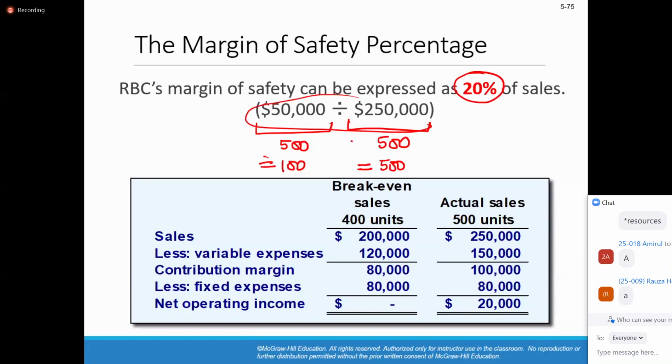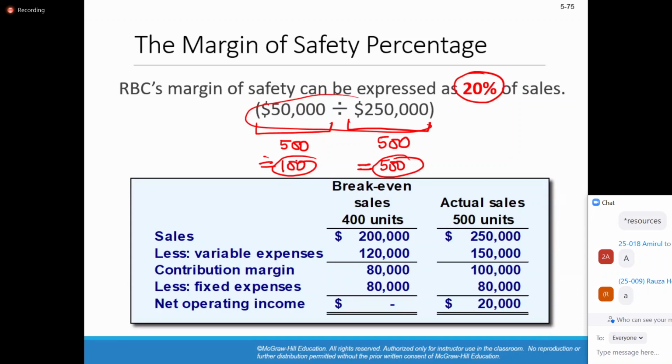We are not using this one. We are just trying to help you know that it is possible to determine the margin of safety, or express it, in terms of sales units. So you see, out of the 500 units, you have 100 units of margin of safety. So if your sales drop by 100 units, you can still absorb the shock.